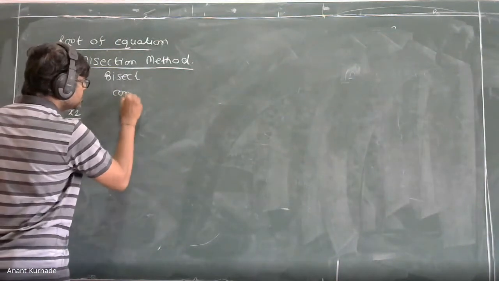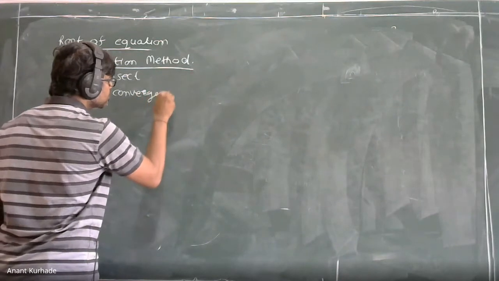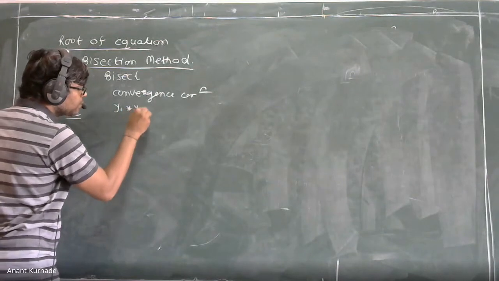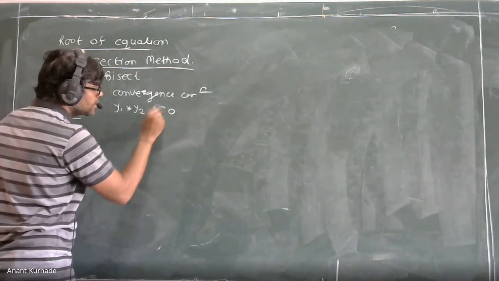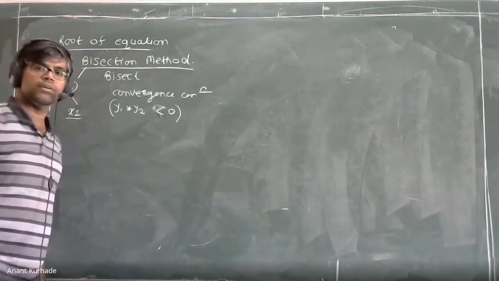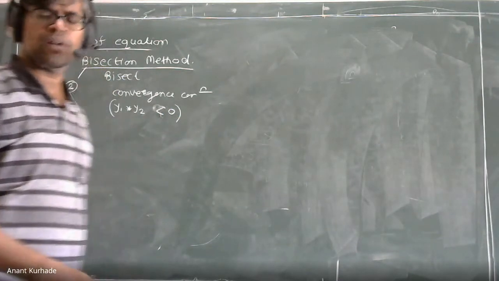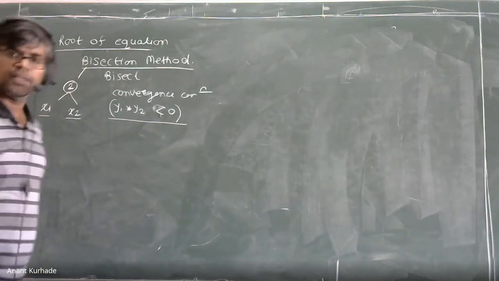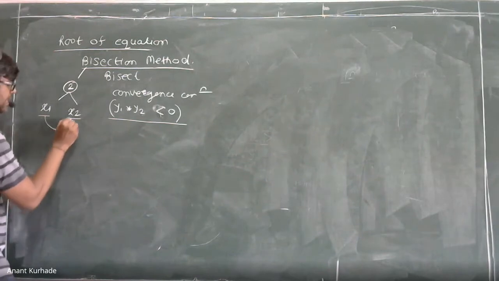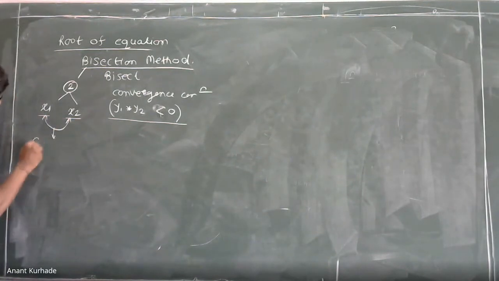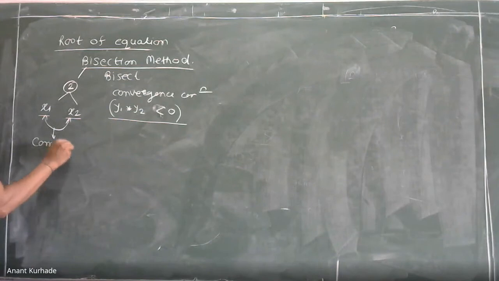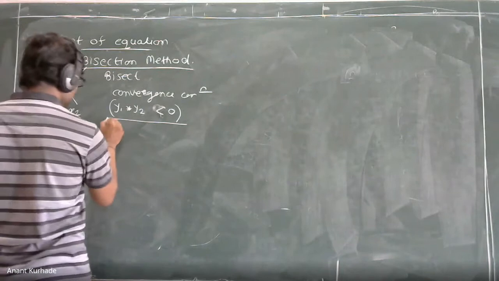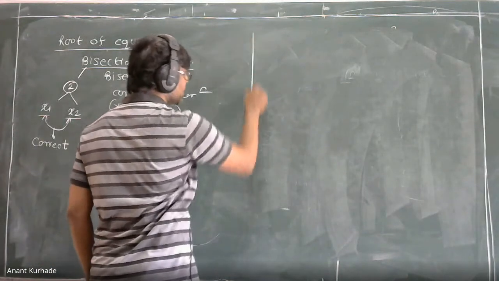What is the convergence condition? The product y1 into y2 should be less than 0, which means both have opposite signs. If it satisfies the condition, then we can say the assumed cases are correct. Now what next? I will draw this again.